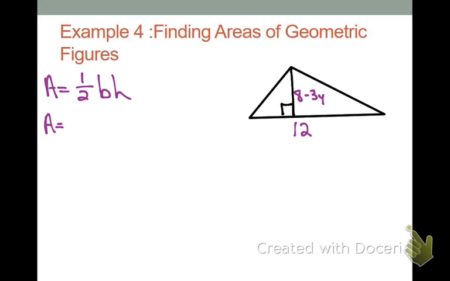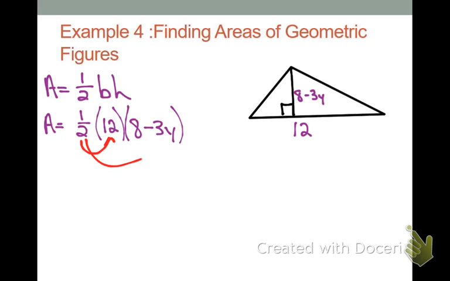According to the commutative property, I can take half of either the base or the height, right? It doesn't matter. Well, which one would be easier to take half of? 12 or 8 minus 3y? Half of 12, right? What's half of 12? So if your height was that even number and your base had a variable, then just take half of the height. Does that make sense? Just whatever number is easier to take half of.